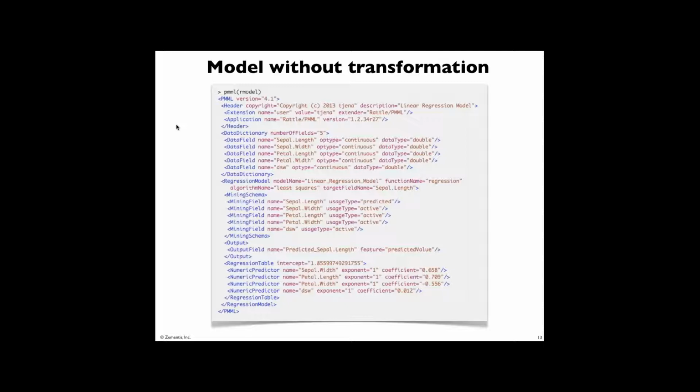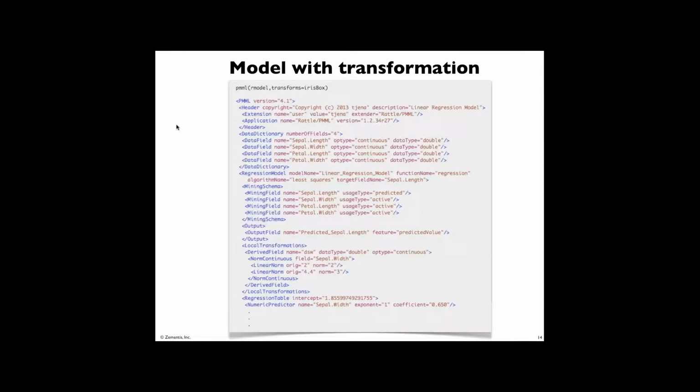And the regression model, a regression table in the regression model, the last numeric predictor in the table is DSW. What this means is the model expects DSW as an input. It's like in raw data. So whoever wants to use the model, they have to themselves calculate DSW first and then pass that to this model.